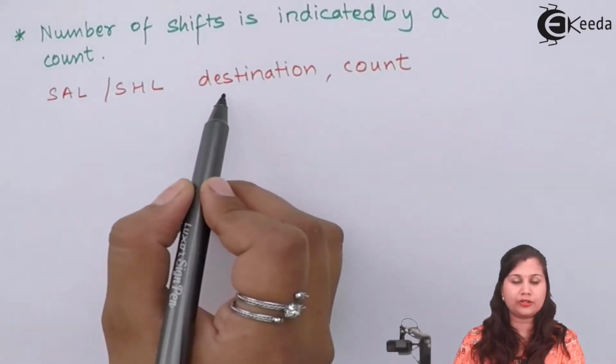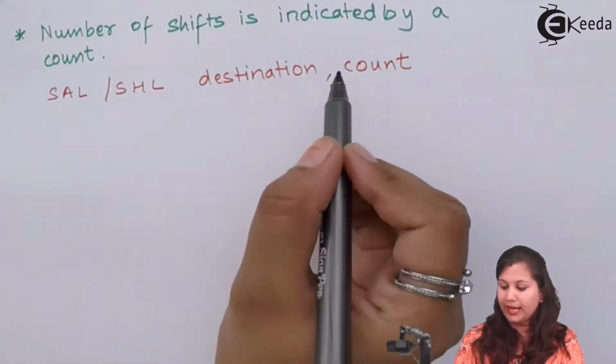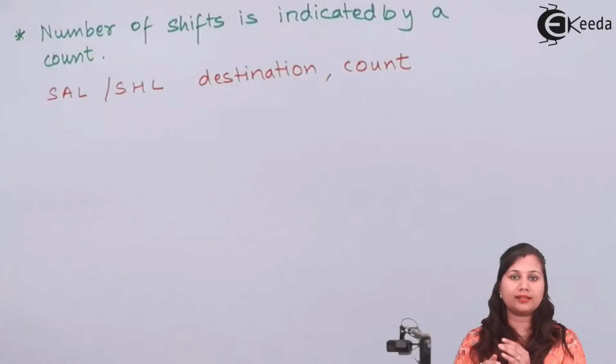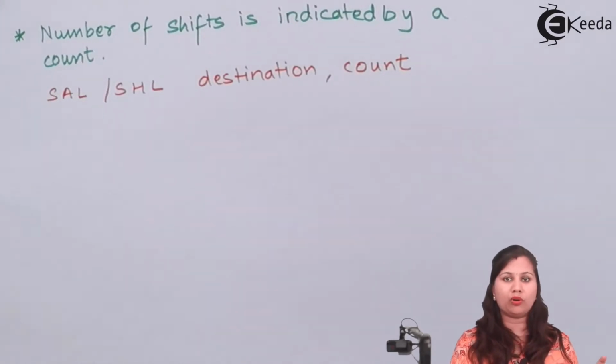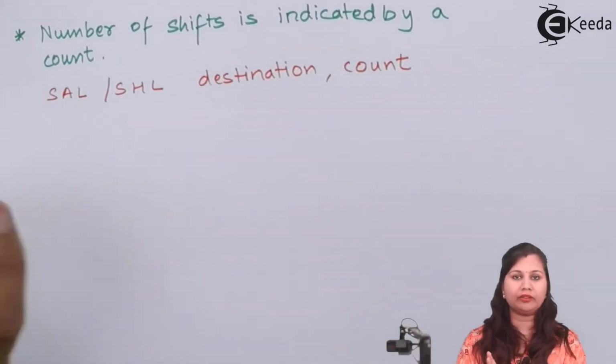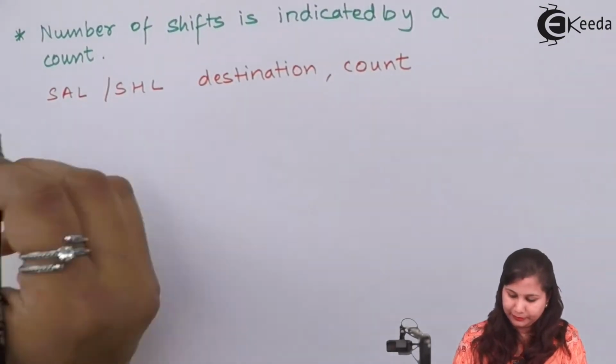Then the destination, meaning either the register or the memory location. And the count value means the number of bits we want to shift the data, either 1, 2, 3. So how many bits we want to shift will be given by the count. Okay, let's take an example here.